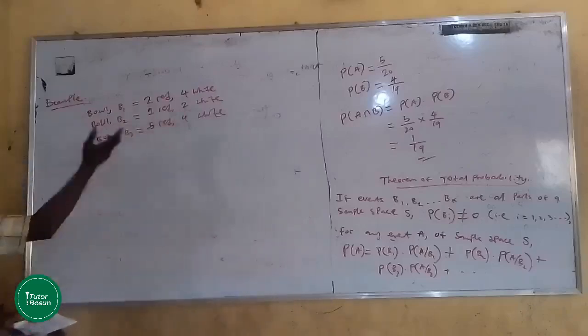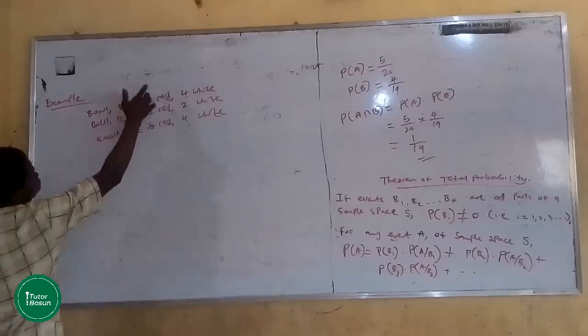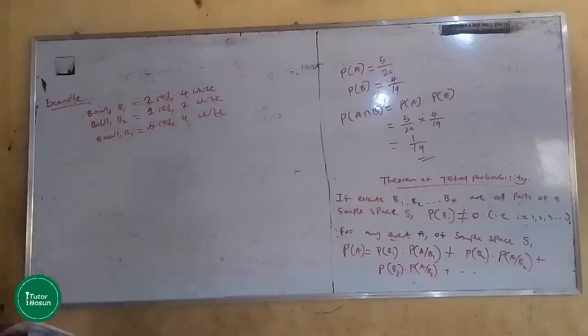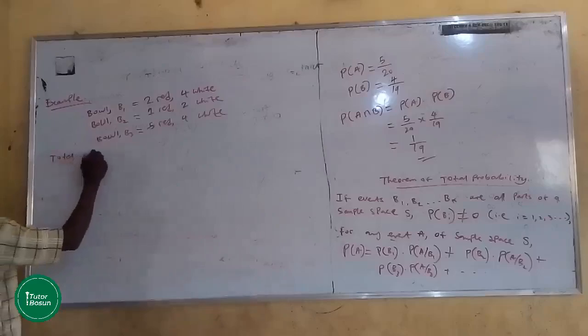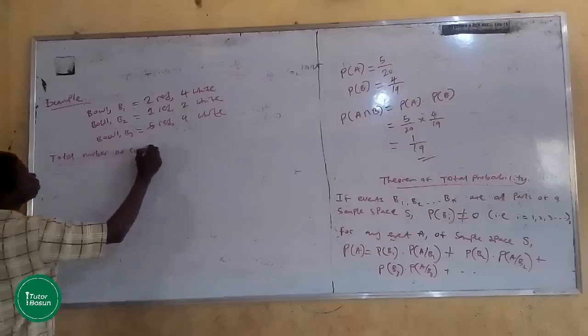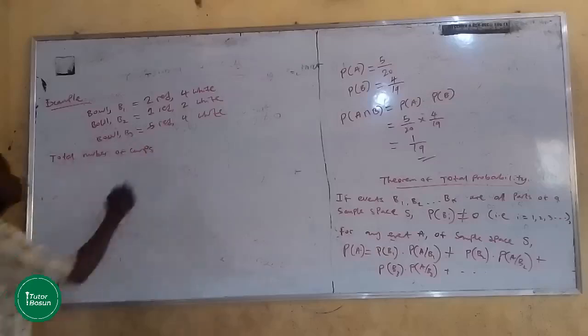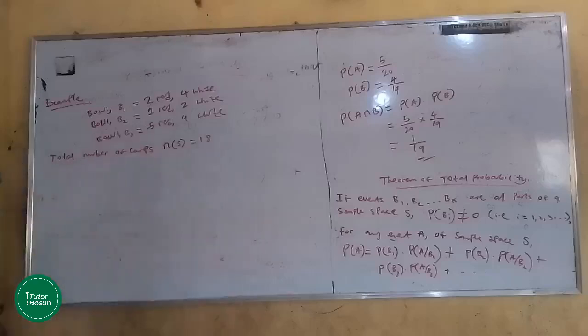So what is the total number of chips? The total number of chips, 5 plus 2 plus 4, sums to 18. So the total number of the sample space, n(S), is equal to 18.